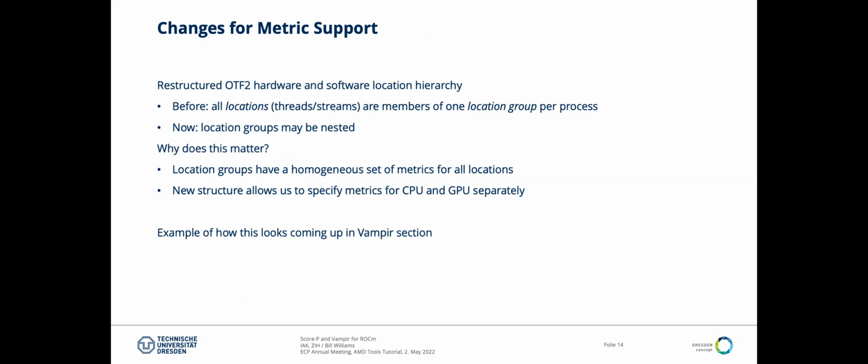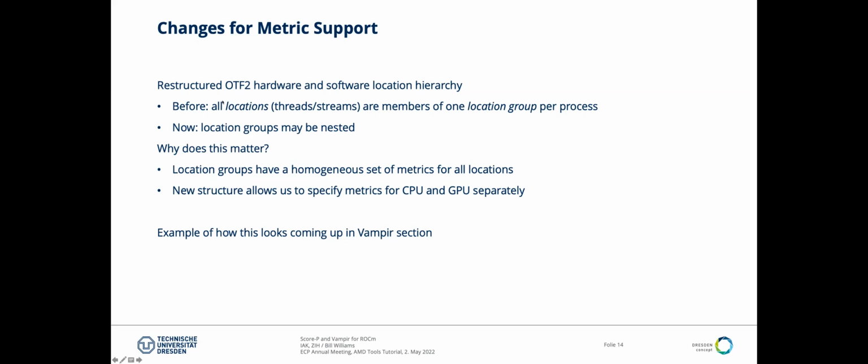So I do have to look into our infrastructure briefly here. OTF2 has a notion of locations and location groups, which is how it structures event streams in the trace.